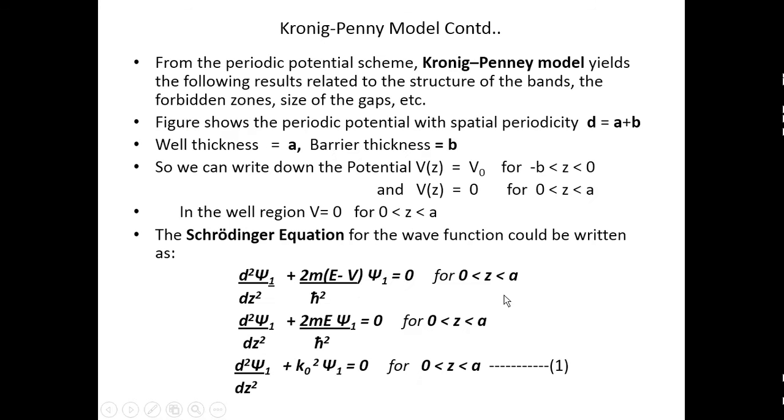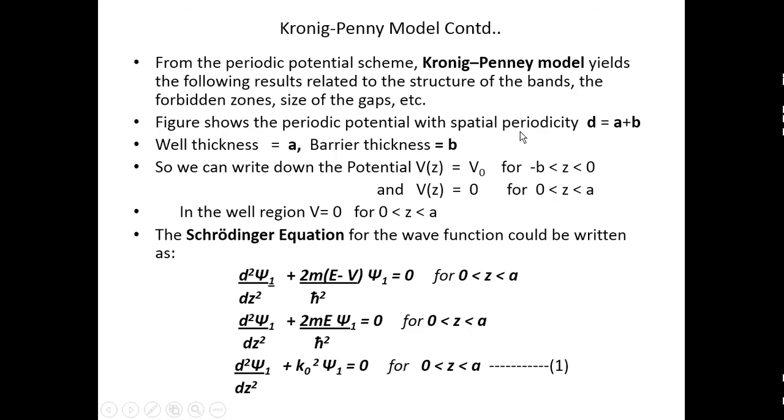So now the Schrodinger equation representing the wave function for the electron wave motion could be written as d square psi 1 by dz square plus 2m (E minus V) by h cut square psi 1 is equal to 0 for 0 less than z less than a.